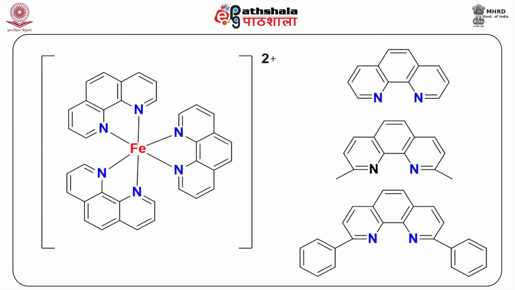Exchange of H for CH3 in either the 2 or 9 position of the phenanthroline ligands weakens the ligand field strength due to steric hindrance, whereby the metal-donor atom distance is elongated, and the low spin behavior of the complex turns to spin crossover behavior of the tris(2-CH3-phenanthroline) complex.